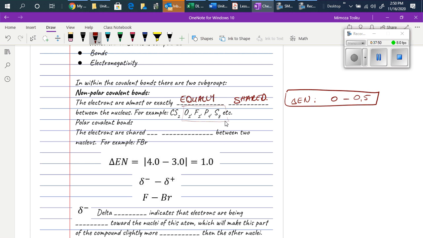This is the classification. And when we talk about the polar covalent bonds, the electrons are not shared equally.